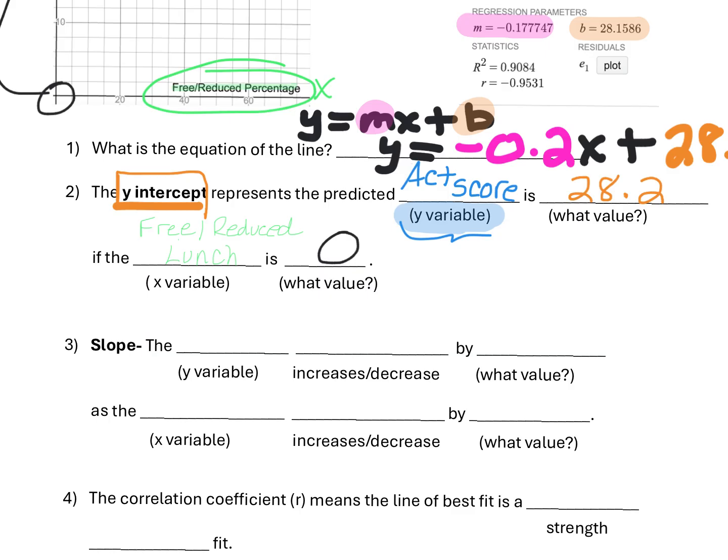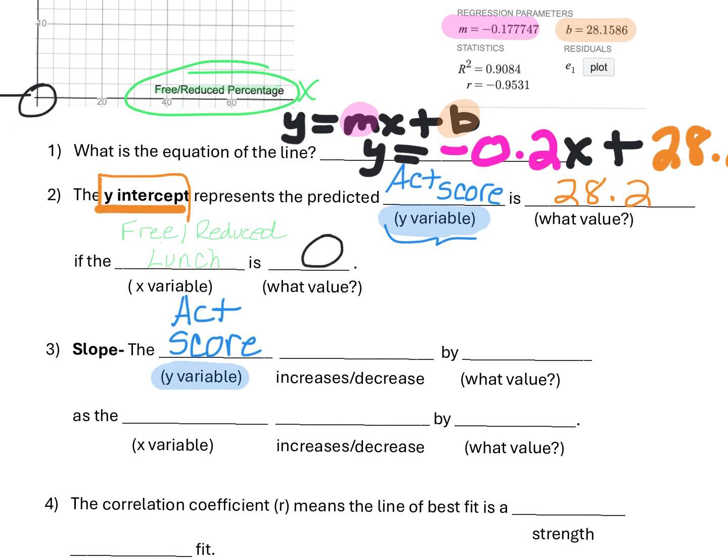So now let's look at what the slope means. And we've got our little fill-in-the-blank sentence stems for us. So the slope represents the y variable. We already know that the y variable is ACT score. And what is the ACT score doing? Is it increasing or decreasing?